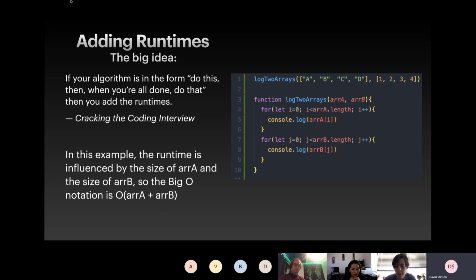A for loop for array A, another one for array A, and then we've got array B. So before you'd simplify it, you'd add them together. You'd have array A plus array A plus array B. That'd become 2 array A plus array B, and you would drop the 2 because it's a constant. Right. Okay, that's what I was about to say. Cool.